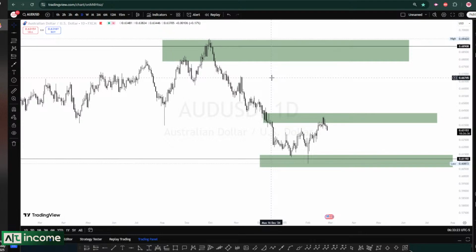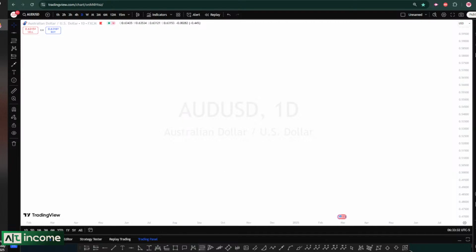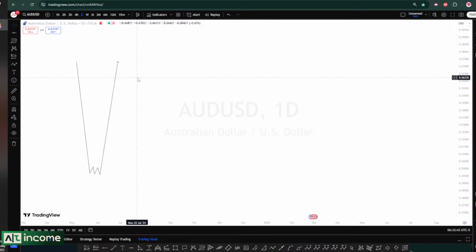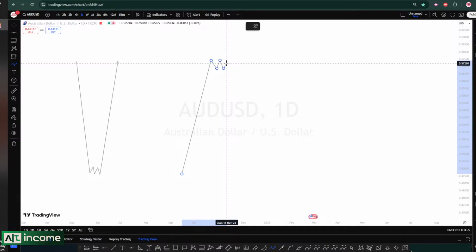That is one. Secondly, let's now go to supply and demand. There are 4 possible ways that you can understand supply and demand. 4, just 4. Now I'm going to sketch it out. We have drop, then we have a base, then we have what? Rally. That is 1. Then we also have rally, base, and then rally.